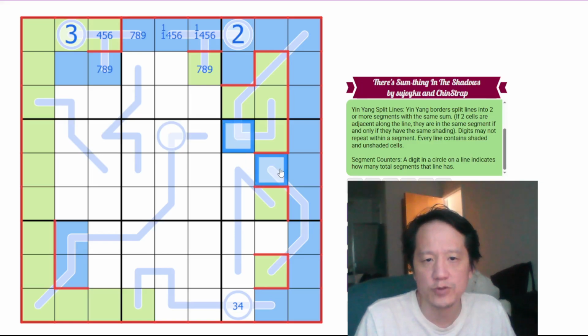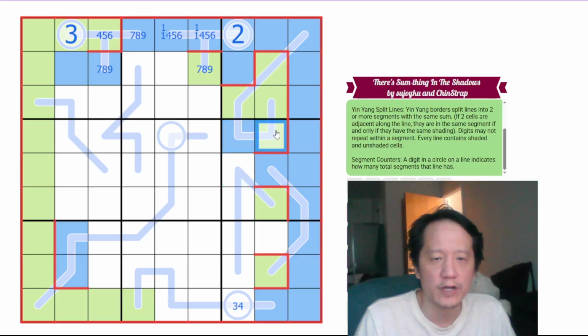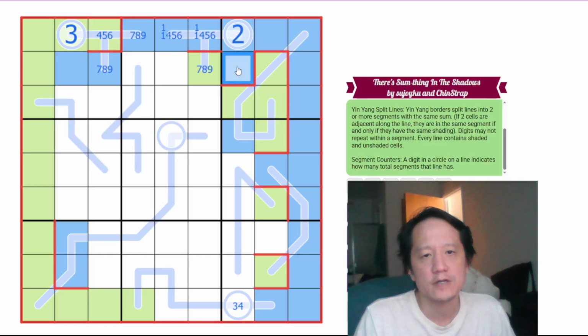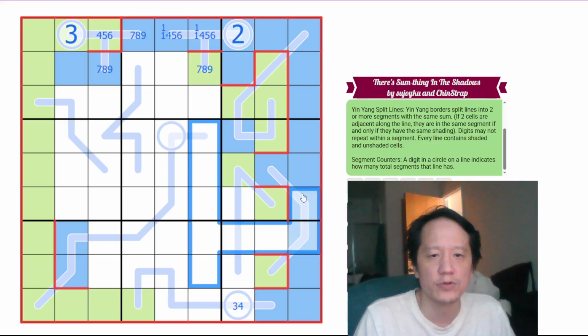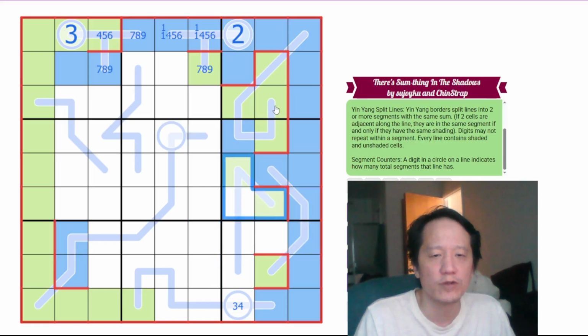And since this is blue, in a yin-yang, you cannot have a split going this way and then this way. I should have basically explained that here. Say you did have a split going here and then here. The problem is, to connect this blue orthogonally to the rest of the blues, you would have to break the green section into separate sections.